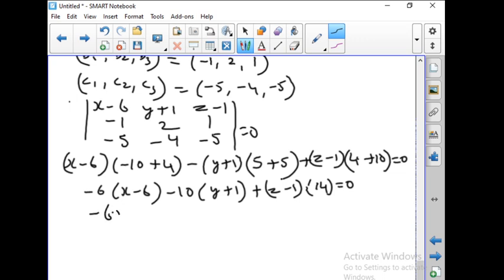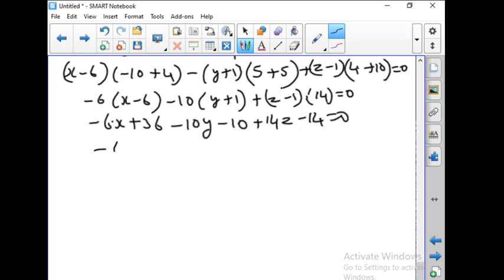So minus 6x plus 36 minus 10y minus 10 plus 14z minus 14 is equal to 0. So we get minus 6x minus 10y plus 14z plus 36 minus 10 gives plus 26, and 26 minus 14 will give you 12.